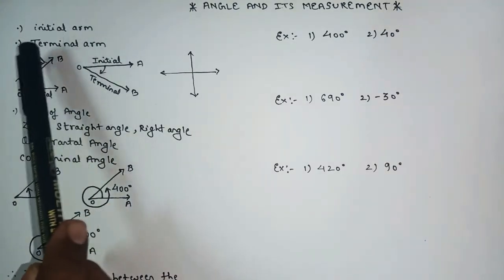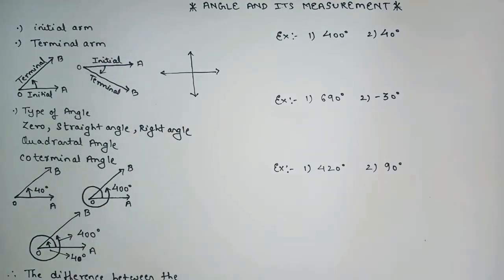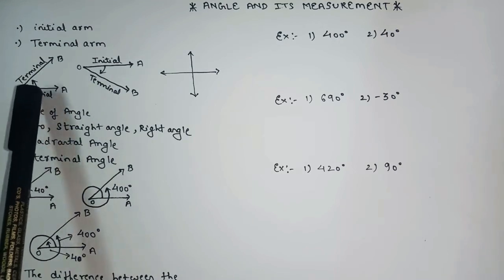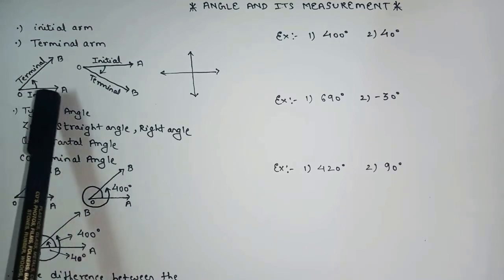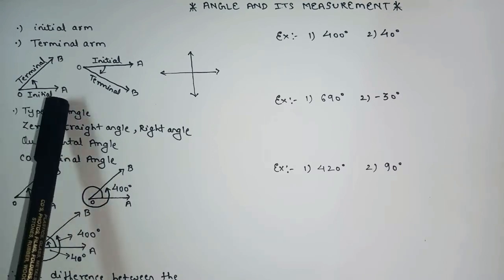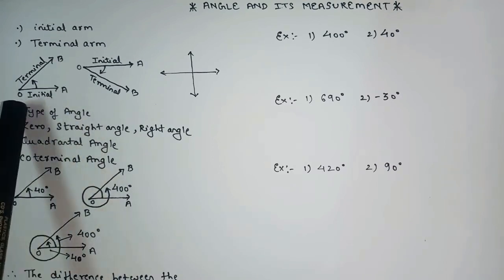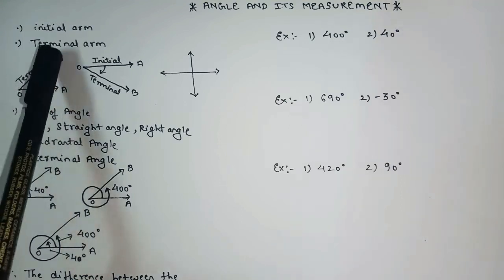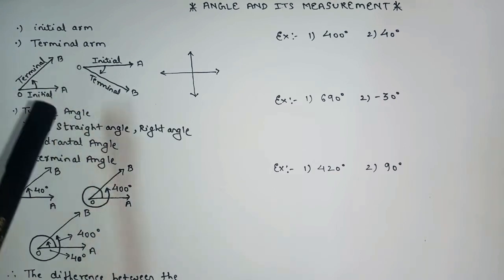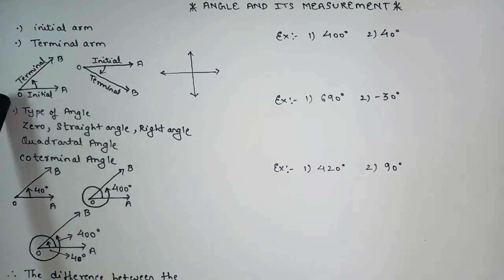So what are the initial arm and terminal arm? Here we have two diagrams. In the first one, the first ray OA is called the initial arm, and the second ray is called the terminal arm of the directed angle AOB.